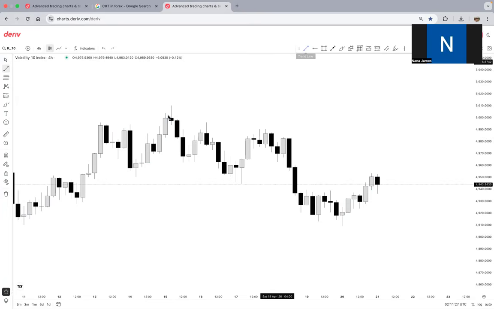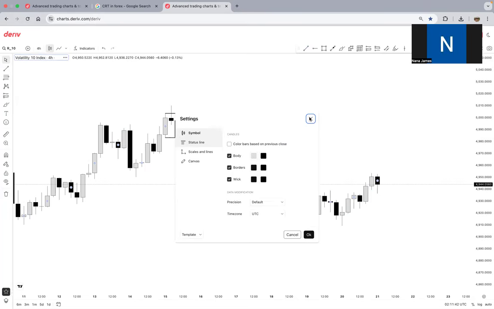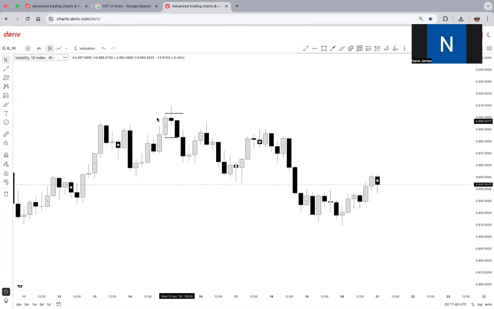You see this up candle here. That is our candle one. We mark the high like that, and then you mark the low like that. So that is your range. So this is candle one, and this is candle two.